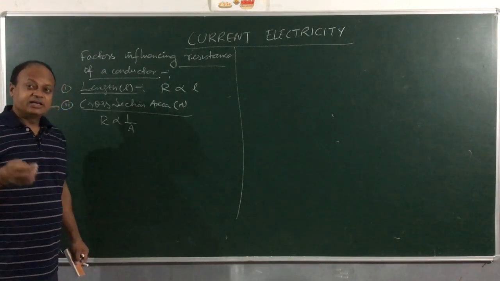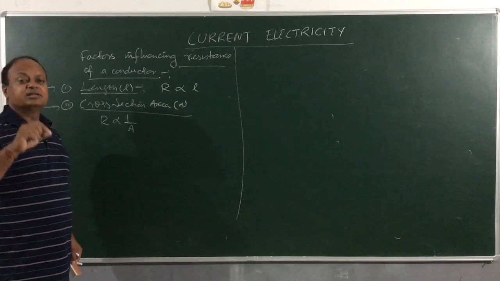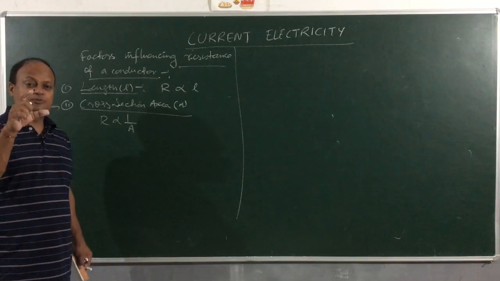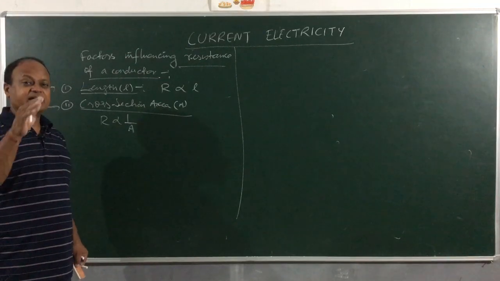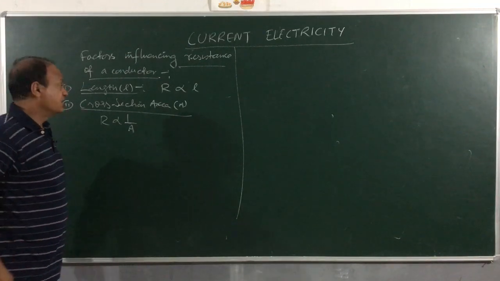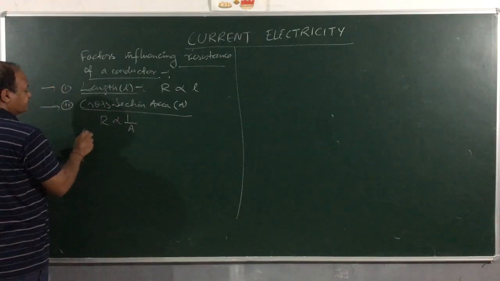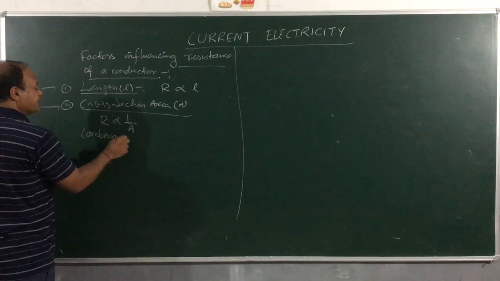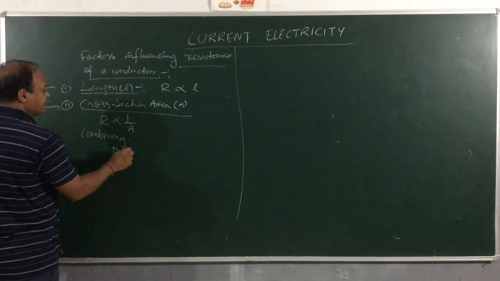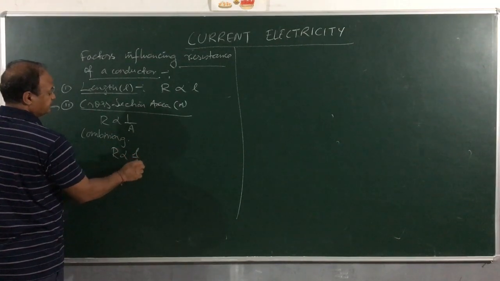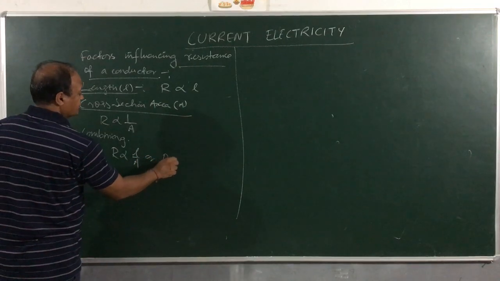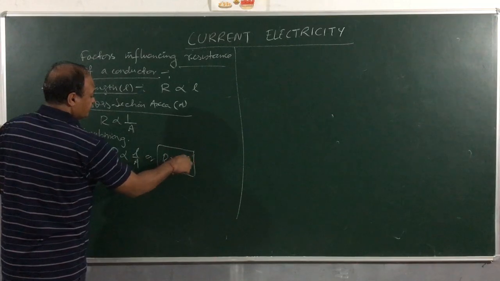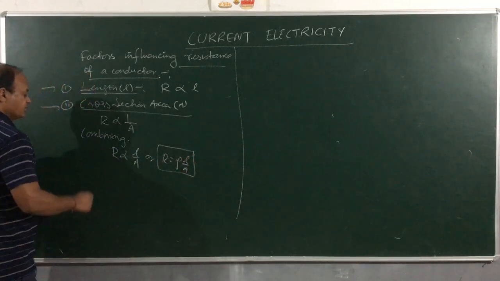That is why you have seen the high tension wires, they are thick. High tension wires are made thick because when the cross section area is more, the resistance will be less and the current carrying capacity will increase. If we combine these two, R is directly proportional to L by A, or R is equal to rho into L by A. Now here we have another constant, which is a very specific constant, rho.